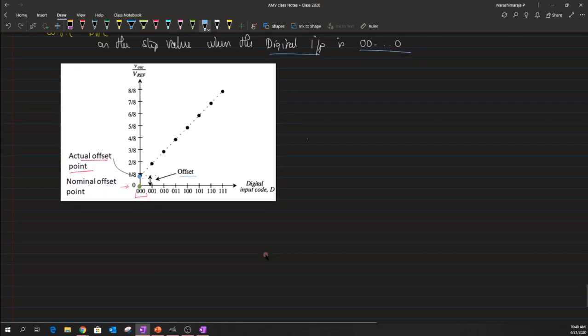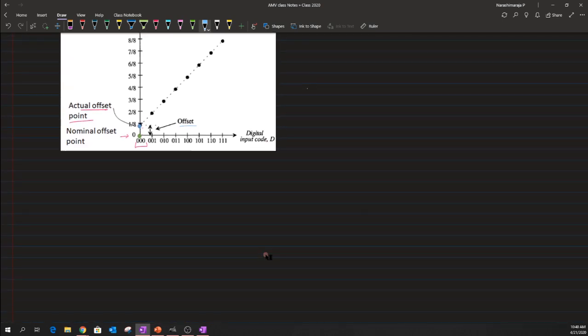Now let me define the same offset point definition, but this time with respect to an ADC. This offset point definition, with respect to an ADC, is defined as the point, or basically the mid step, just because we know that we have shifted our graph to mid values, or half the LSB, towards the left side.